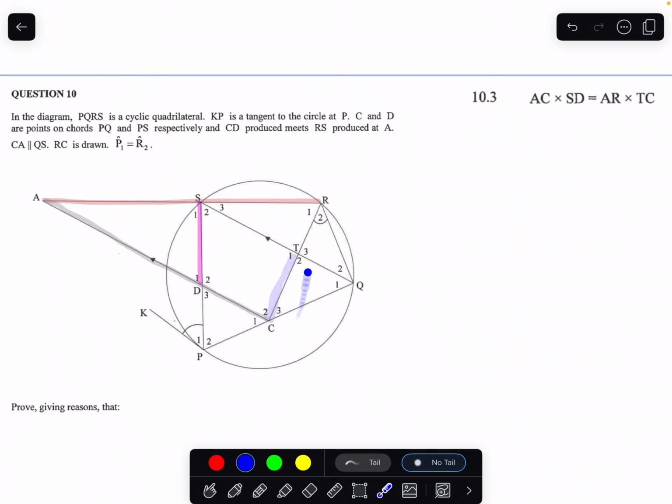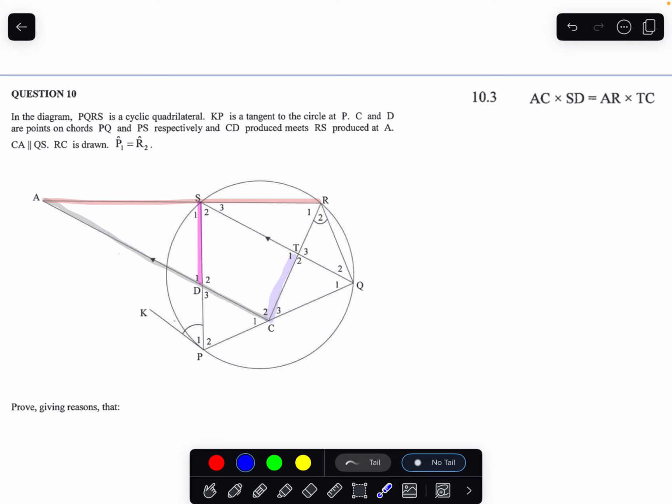This one is in the weird one and this one is in the weird one. Right? So it makes me feel like this is a crossover between this system of similar triangles and this system of similar triangles.